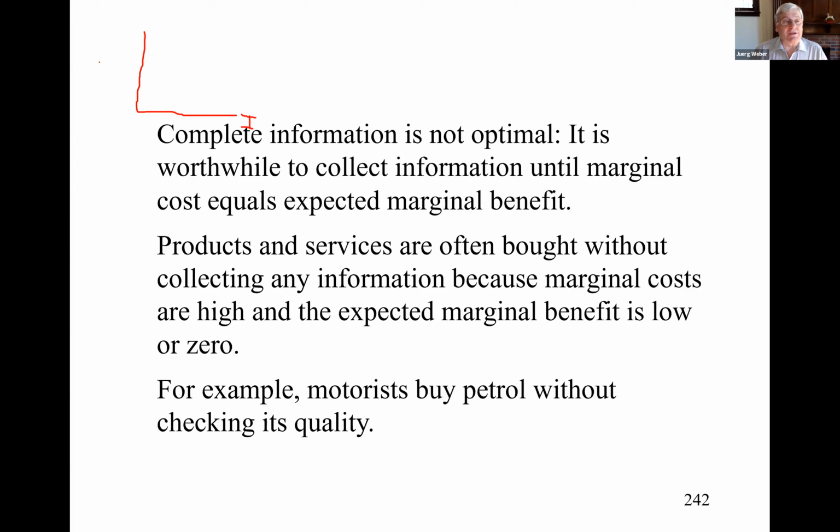On the upper axis, I have the marginal benefits and the marginal costs. So the marginal costs of collecting information, they will increase. You try to collect more and more information, but that gets more and more expensive. So the slope of this curve gets steeper and steeper. So that's the marginal costs.